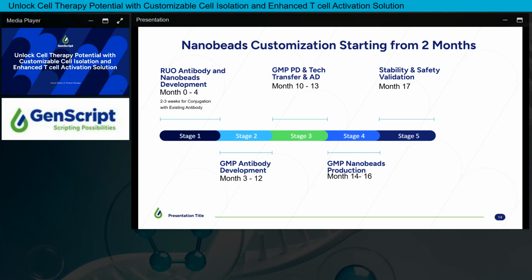So with this, we're able to provide you the complete one-stop solution, no matter if you want to start with the RUO or directly with the GMP, or if you want to start from a ready-to-use antibody or just provide us the sequence.